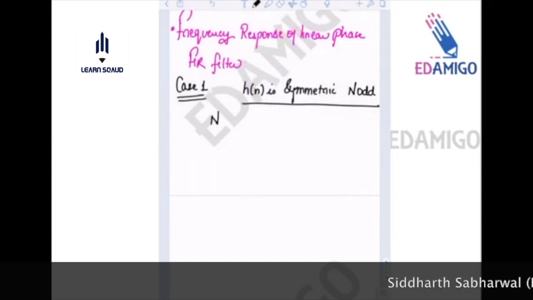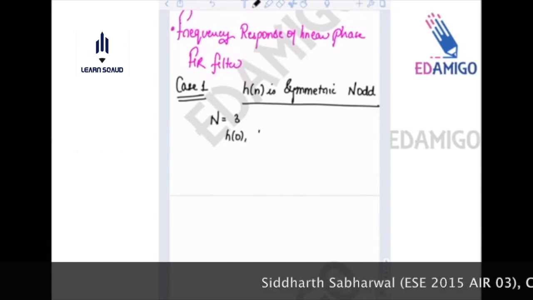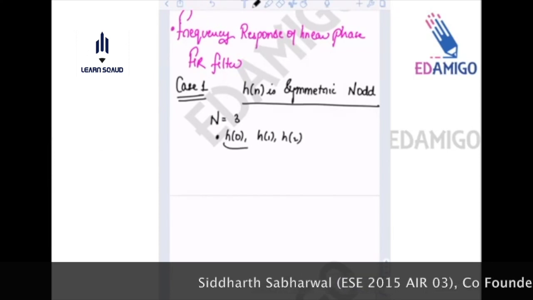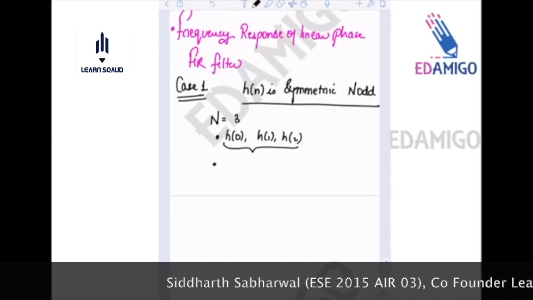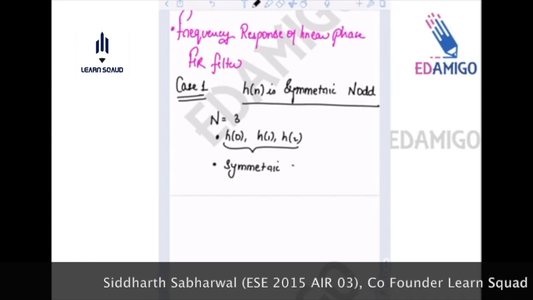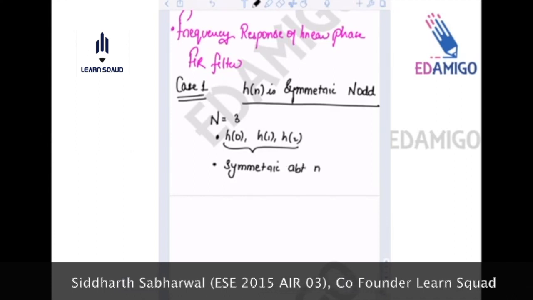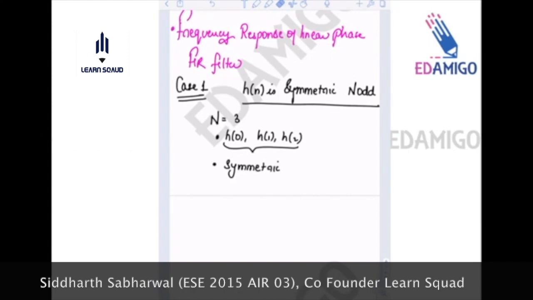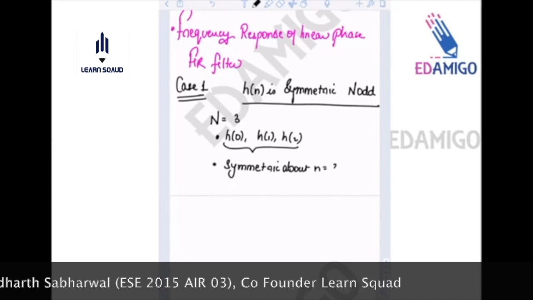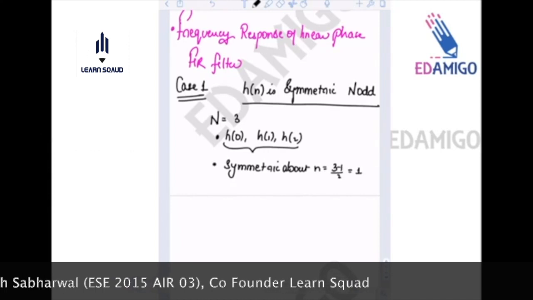So let us take N is equal to 3, the simplest example that can be possible. So N is odd, so Hn will be H0, H1 and H2. Only 3 non-zero values will be there, and it will be symmetric about N equals to 3 minus 1 divided by 2, that is 1.